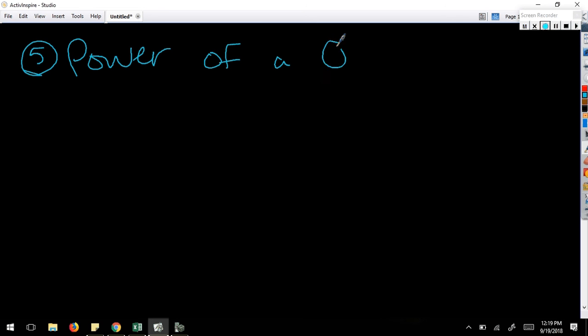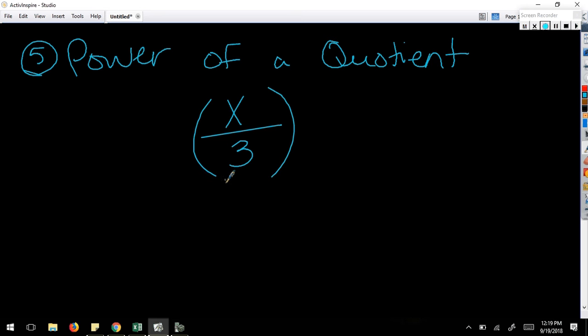Power of a quotient. A quotient means I am doing what? Dividing. Okay, let's do x over 3, and I'm raising that division problem to an exponent. Again, just like multiplication, distribute.